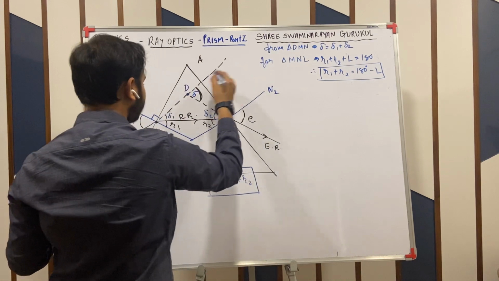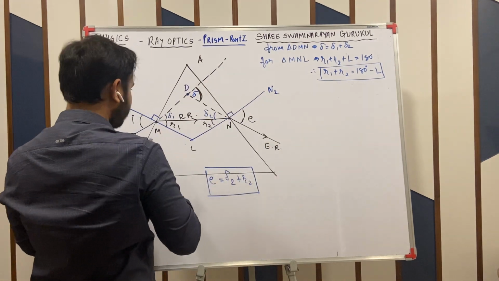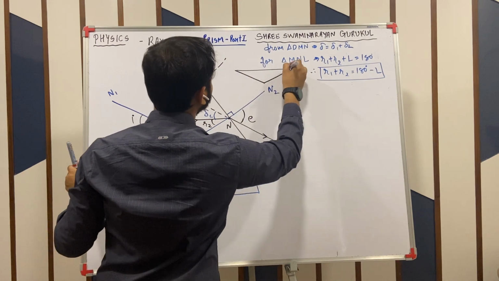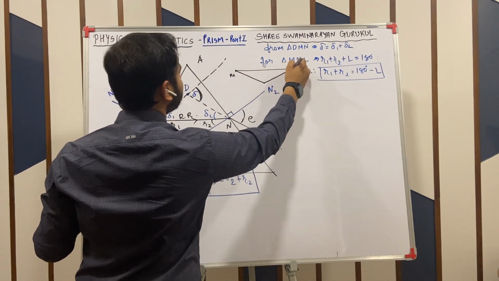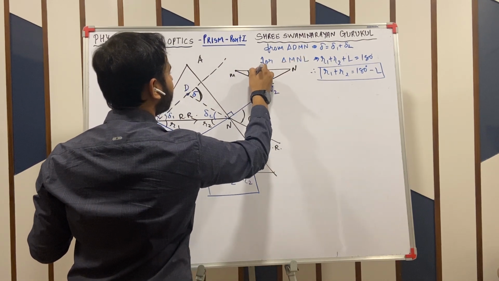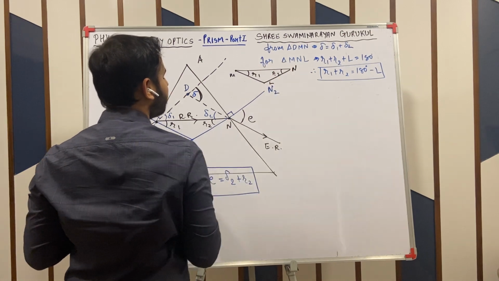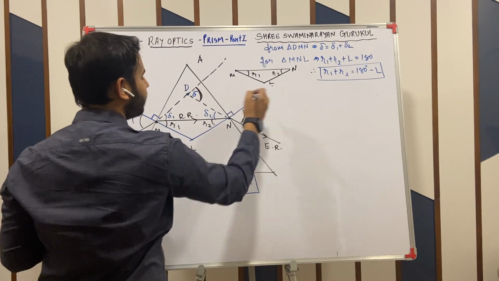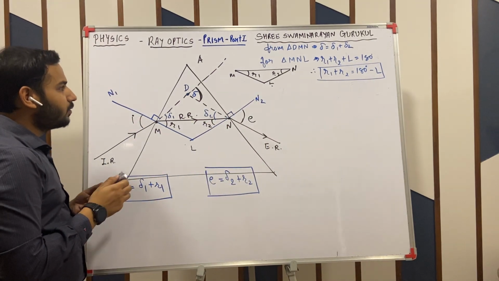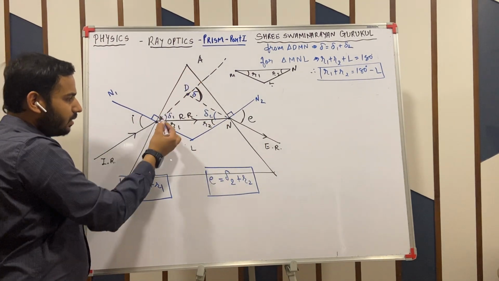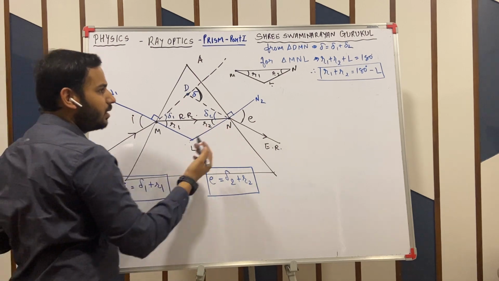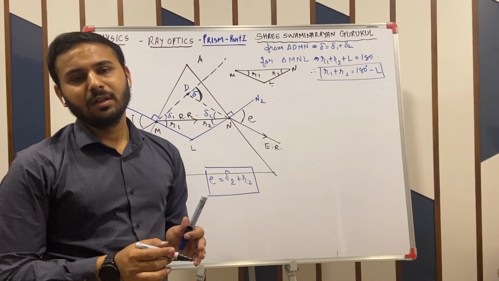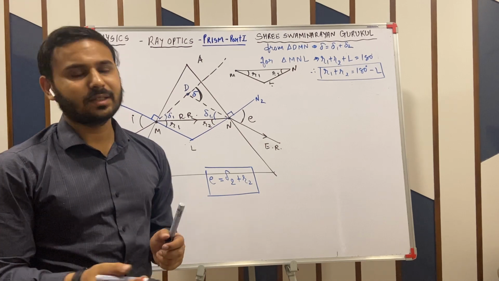Which triangle is it? The triangle with points M, N, L, and angles R1, R2. This is normal 2. Now for the quadrilateral A, M, L, N, the sum of all four angles is 360.